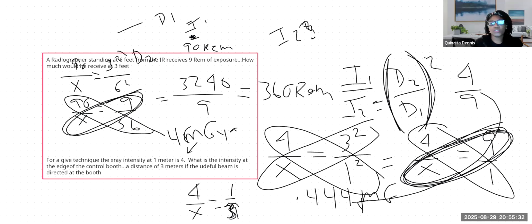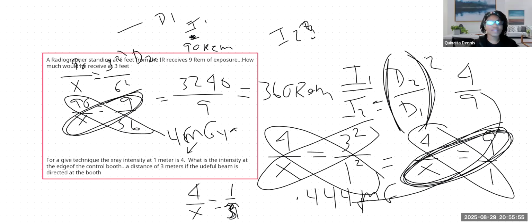All right, so any questions about the inverse square law? Again, it basically tells how much dose you're going to receive at whatever distance. If you get closer to the source than you initially were, then your dose is going to increase. If you get farther away, then your dose is going to decrease.